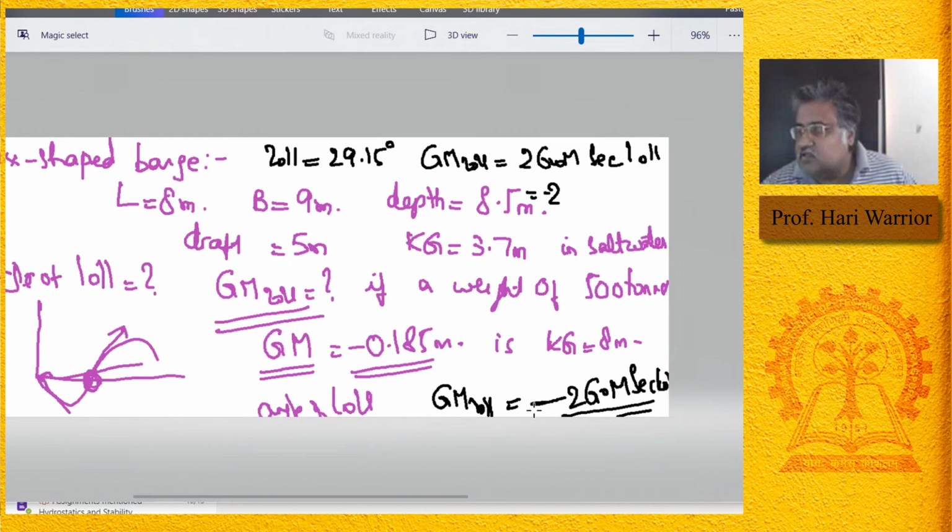Yes. So I'm getting 0.426 only. Yeah, correct. The only problem is you must have made a mistake in your sec of 29.15 degrees. So it comes to about 0.42 meters. So that will be your GM at the angle of loll.